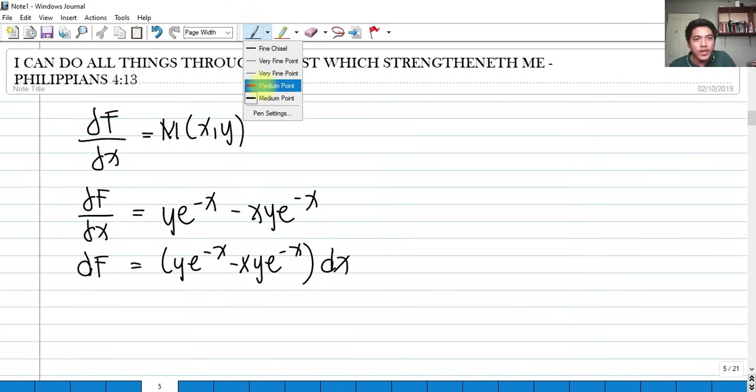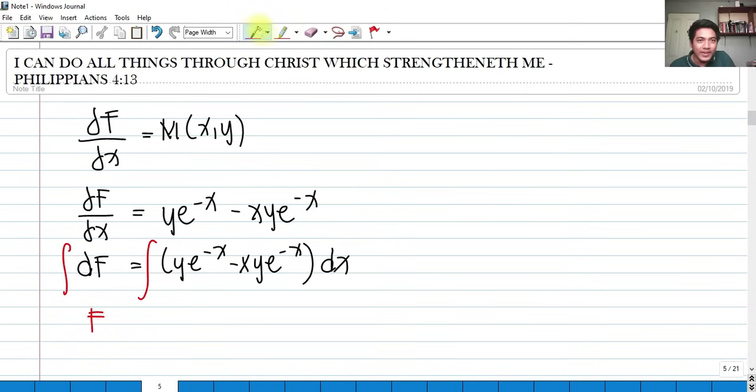So if we're going to get the integral of these two, both sides, remember that f is the solution to our exact DE now. With respect to x, we can factor out all variables except for x. So we have e raised to negative x, integral, I've applied the properties of integral, minus y integral of x e raised to negative x dx.